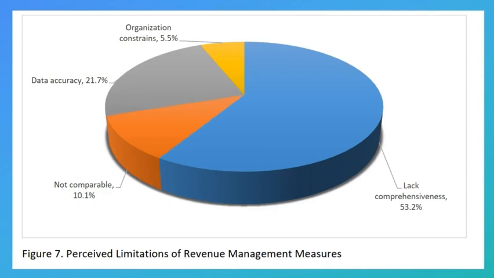The third one is not comparable, with 10.1%. This one is related to measures such as total revenue per available room or gross operating profit per available room not being included in benchmarking reports such as Smith Travel Research reports, right?